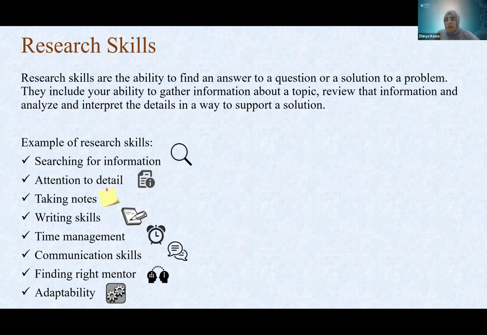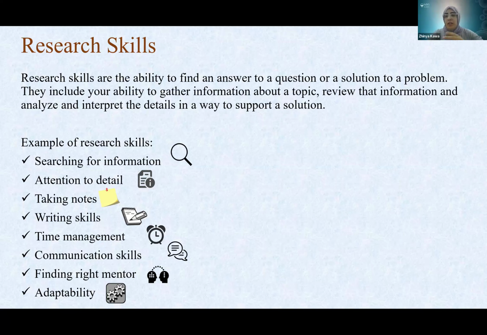Guys, this one is so important, because if you don't know how to search, you will not be able to find information, and you will not be able to conduct your study. Make sure that you become good at searching for information, and make sure that you use a variety of keywords to look for information in the literature.